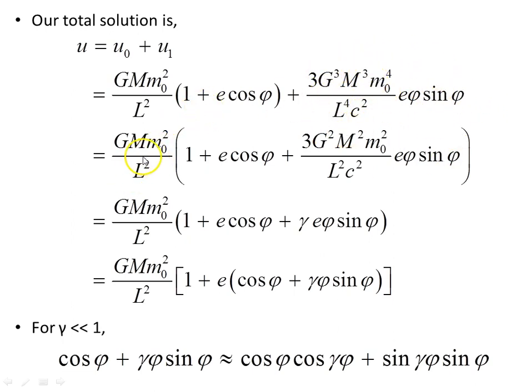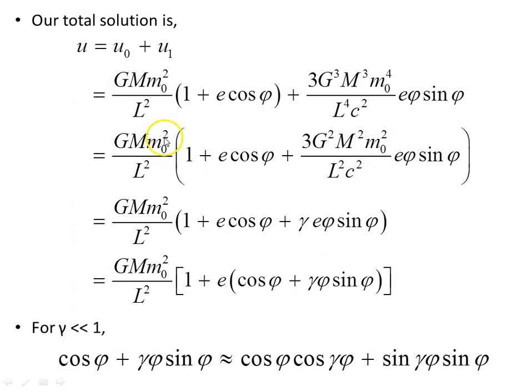Let's do a little bit of algebra now and combine them. Here we go. And we will have this object here. If we notice here 3G cubed, this is 3G squared, M cubed, M squared, so that's correct.